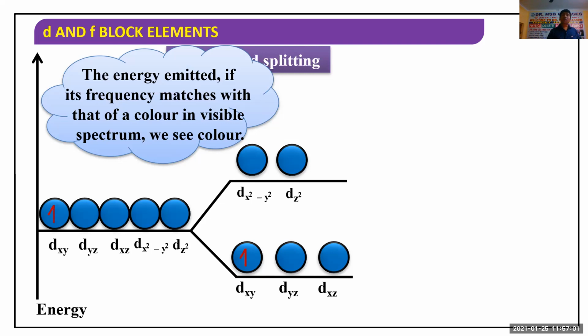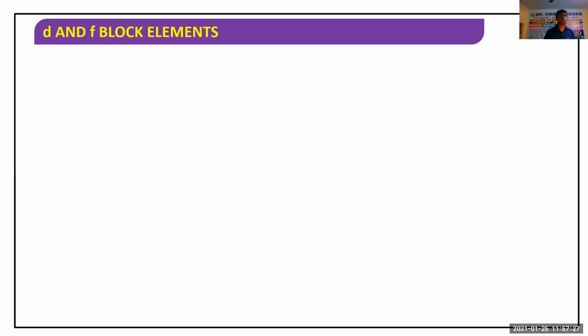For example, if its wavelength is similar to red light, then we see it as red.